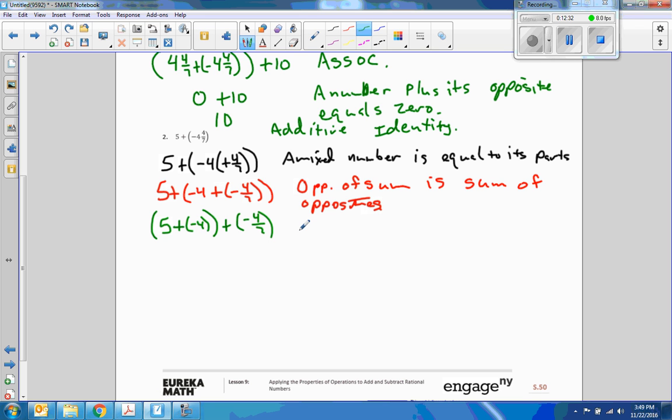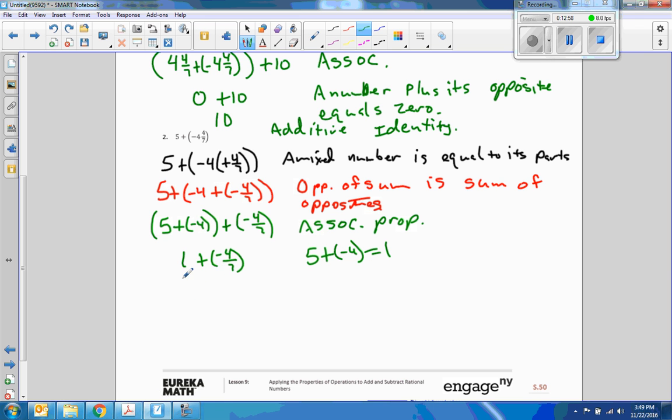Okay, and that's the associative property of addition. And now 5 plus a negative 4 is 1, plus negative 4 sevenths. All you got to say there is 5 plus negative 4 equals 1. We're just adding a negative.